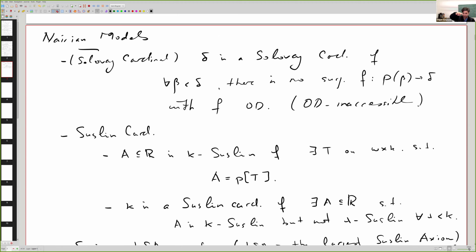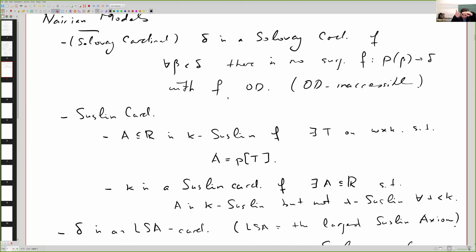The Wadge hierarchy stratifies the determinacy hierarchy into a V-like hierarchy, the way we think of the cumulative hierarchy, right? This means that if the Solovay cardinal means that if some object appeared in that hierarchy before delta, then there is no way of surjecting it onto delta.